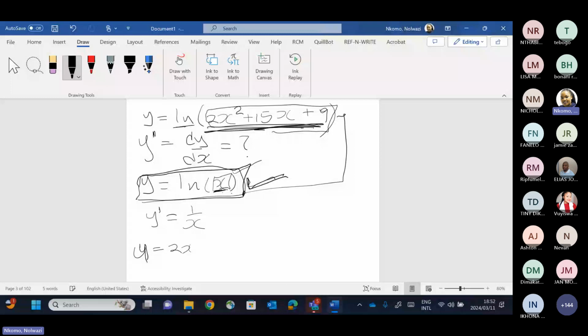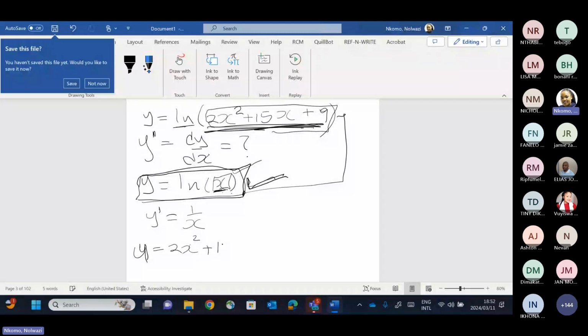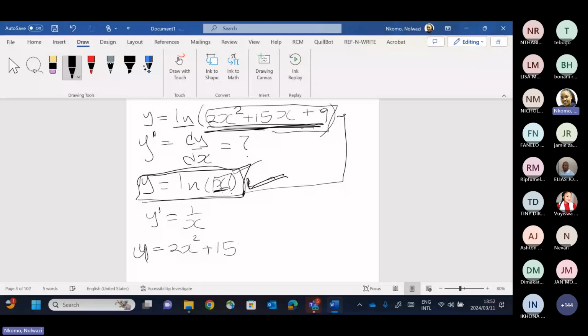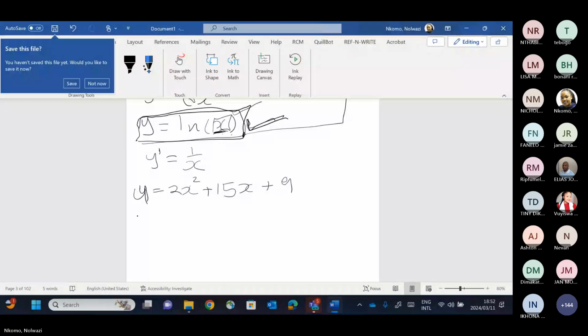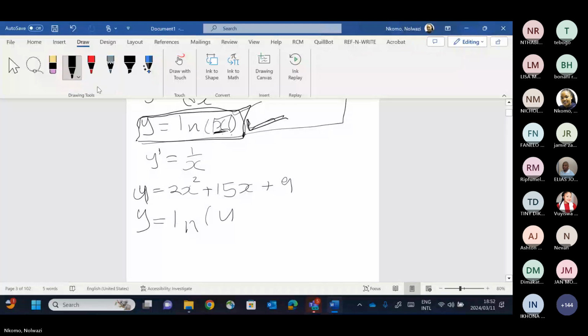If this function is u, this means our new function is y equals ln u, right?